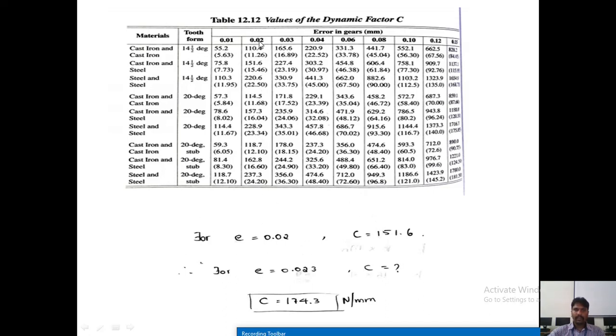For E equal to 0.02 and material cast iron and steel with 14.5 degree, C is 151.6. So for error E equals 0.023, C equals how much? Just use linear interpolation to calculate this. So 151.6 into 0.023 divided by 0.02, which is obtained as 174.3 Newton per mm.